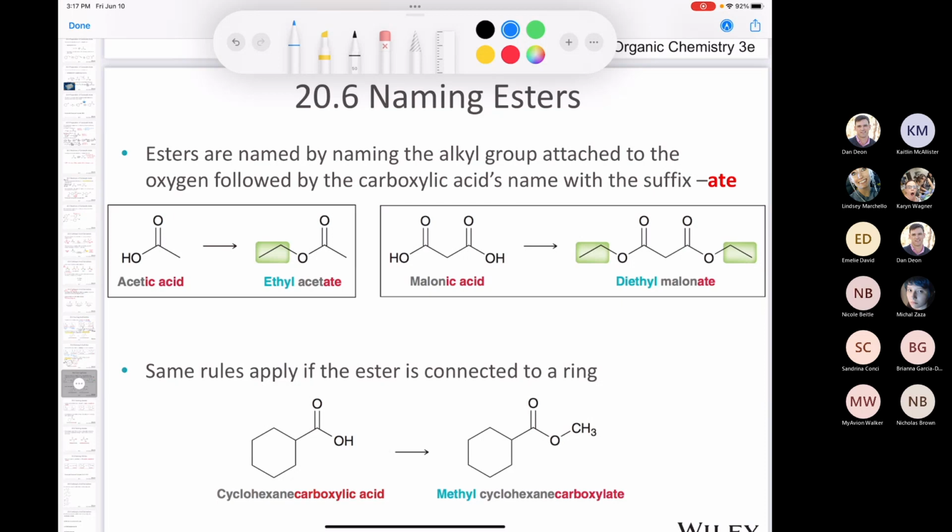So let's say you have acetic acid and you put an ethyl group where the hydrogen is, you call that ethyl acetate, right? This would be methanoic acid. And so the systematic name would be ethyl methanoate, like that. Then we have malonic acid, so that would be diethyl malonate.